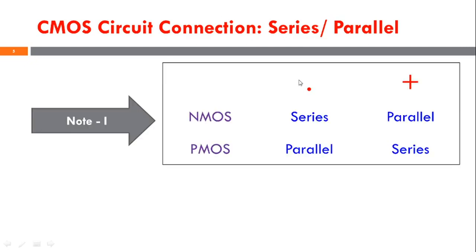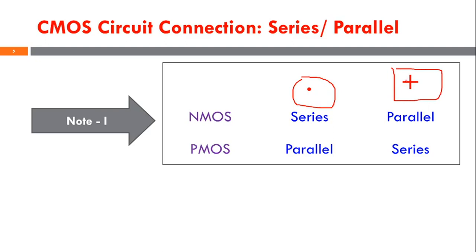Again, we should note two important rules for CMOS circuit connection, series or parallel. In Boolean expressions, we have two types of operations. The first is the dot operation, and the second is the plus operation. The dot operation generally refers to the AND gate, the plus operation generally refers to the OR gate.